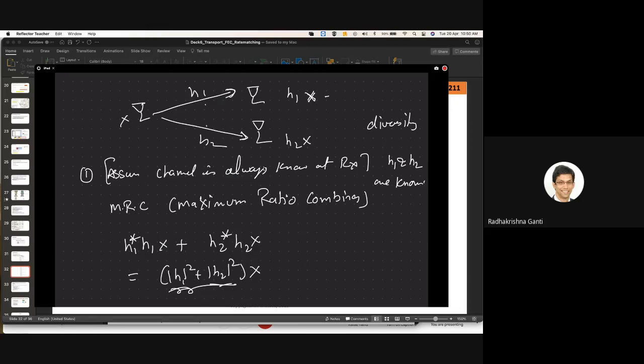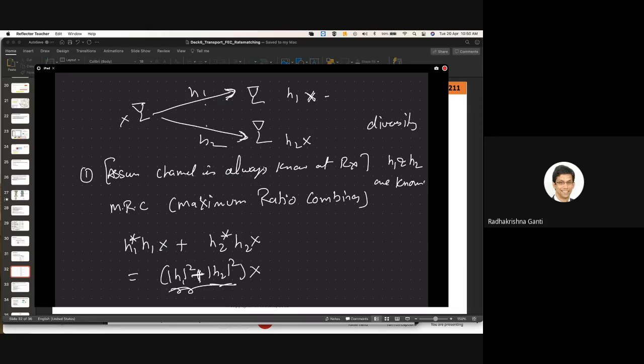H1 can be low, H2 can be low, but the probability that both of them are low at the same time, so that you don't get any signal on both receive antennas, is very, very low. They are adding coherently, constructively, because they are adding positive values.